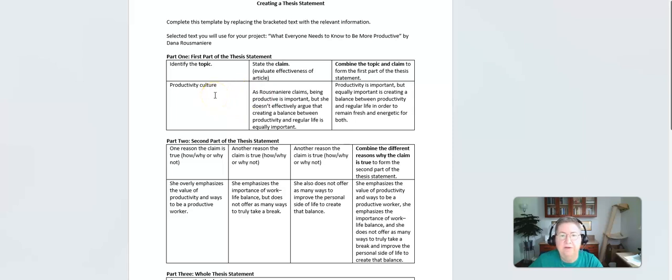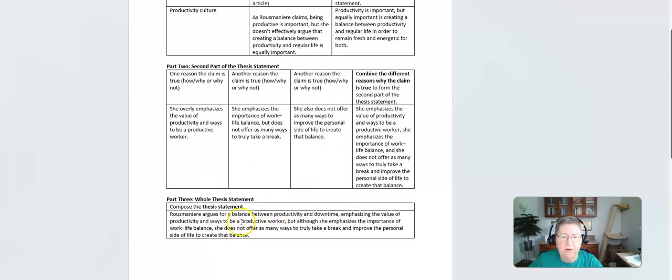Please do read through this. It'll give you an example of what you're looking for in terms of the wording and the thinking about your own article. Notice that there are 3 claims. Those are combined, and then at the very end we have a complete thesis statement that begins with part 1, it's followed by part 2, and combined together to make a complete thesis statement.